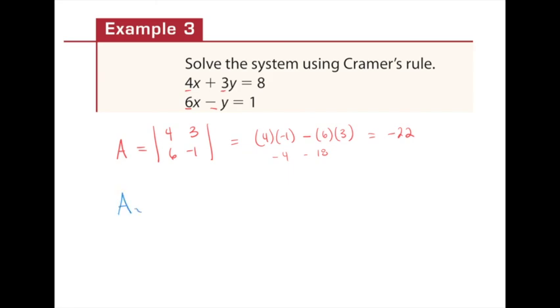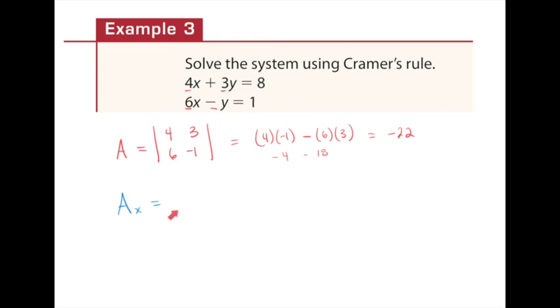Then I am going to take this guy and find an x determinant. When you're doing matrices, your columns really go in order. Your first column represents your x, and you can see that, right? This is your x column. Everybody see that? Because those are my two x's, they're lined up. The second column is my y column. So I'm going to replace my x column here with my answers, and I'm going to do another 2 by 2.